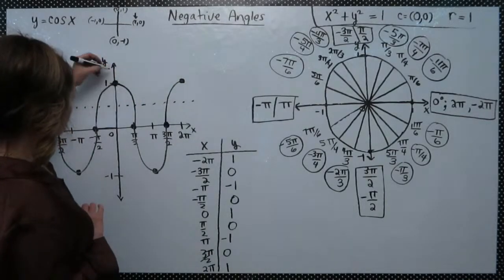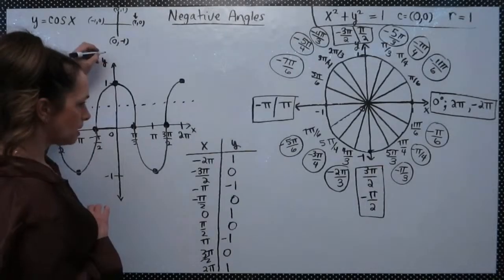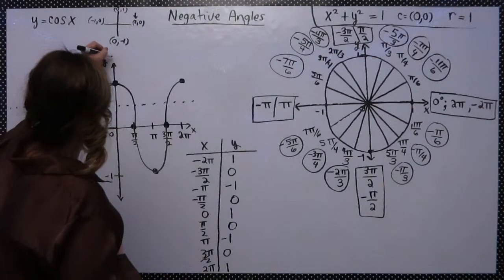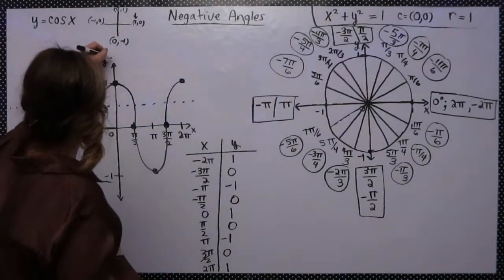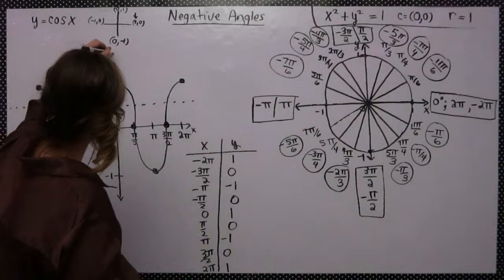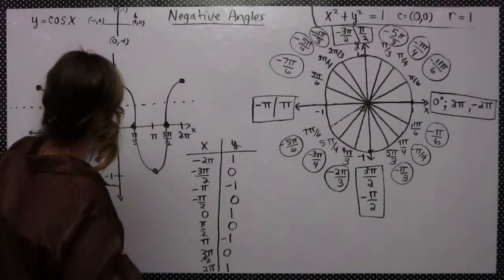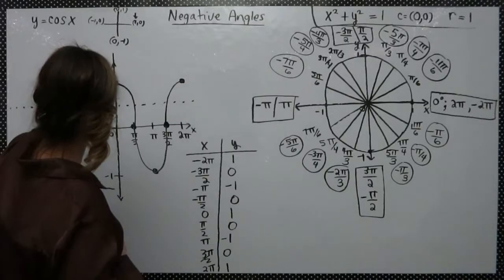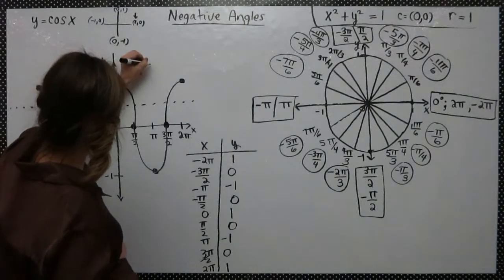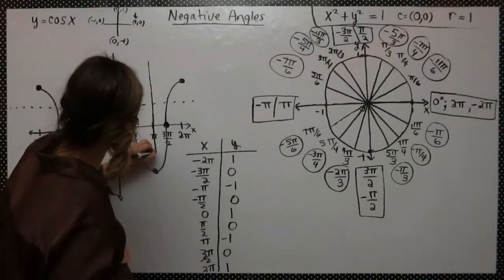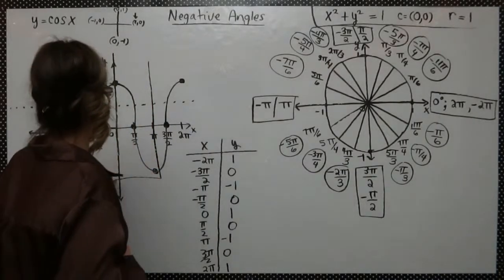So what they've done is the math people that studied this and figured all this out a long time ago, is they're going to restrict the domain at 0 right here at this point, and they're going to restrict it here at pi. So it's just going to go from 0 to pi.